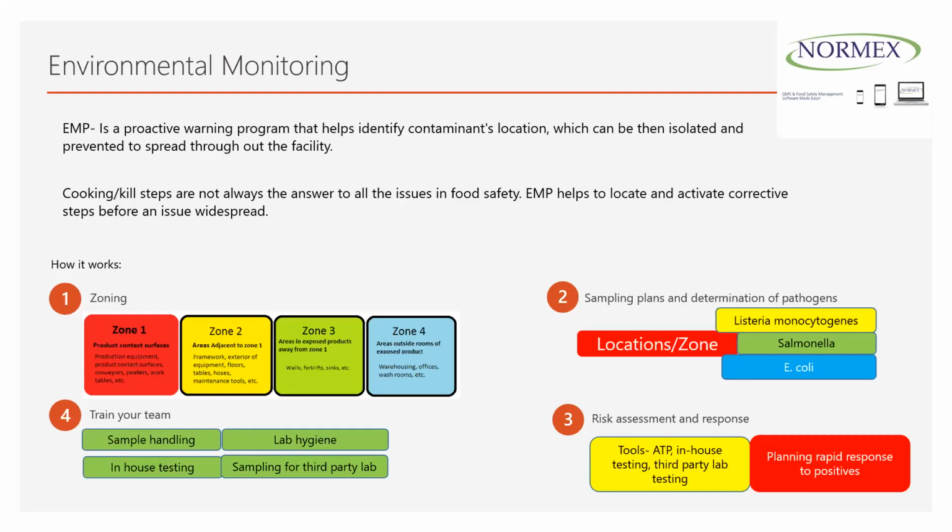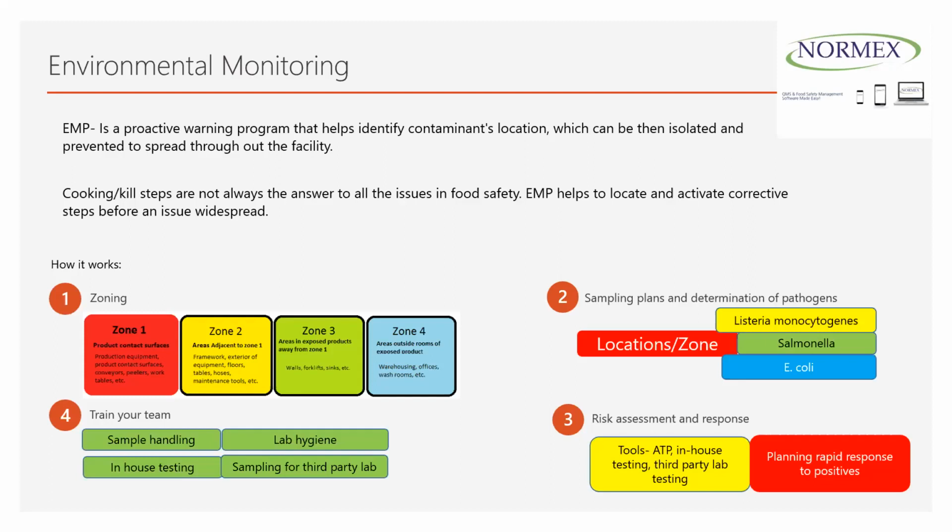And if you know that your facility is sanitized enough, you can confidently say that you have restricted growth of certain pathogens. So this is a good tool to be used as your risk assessment strategy, one of the good tools.